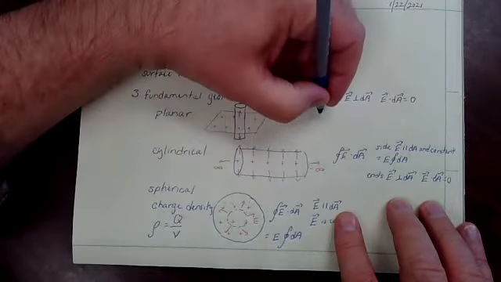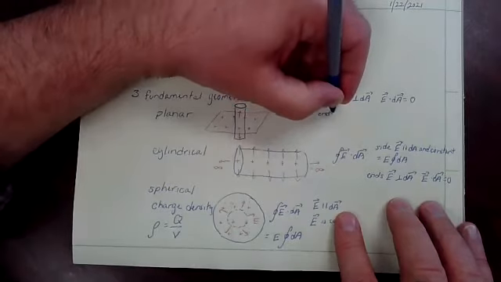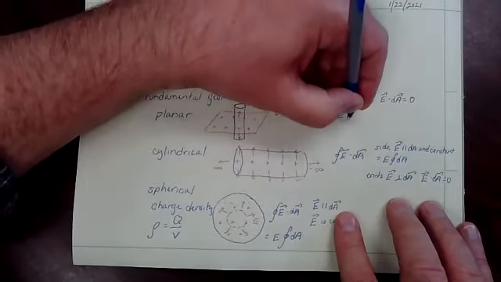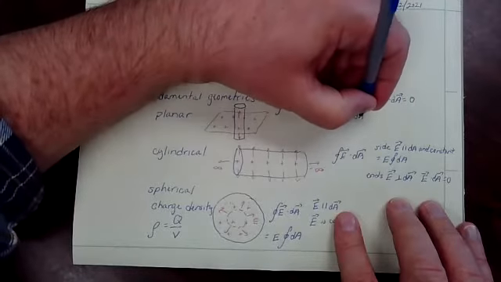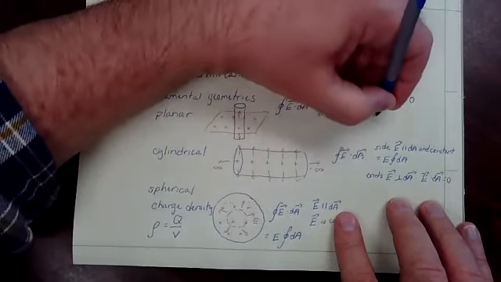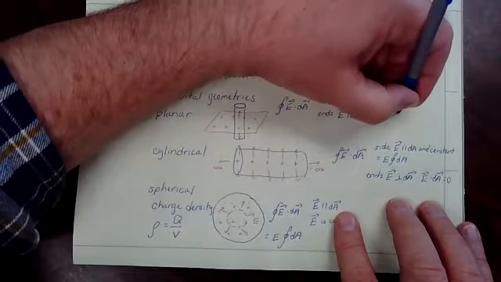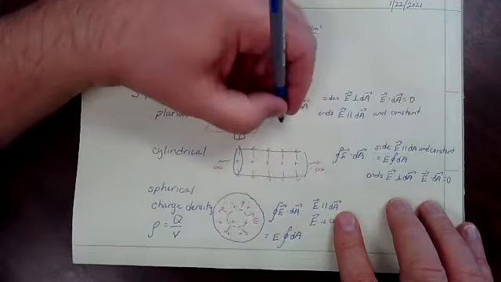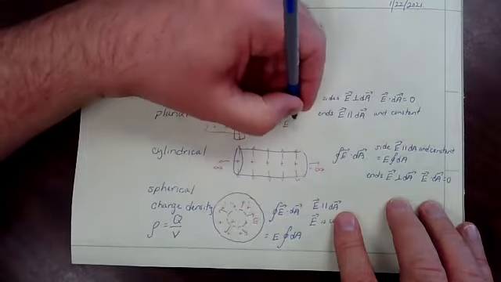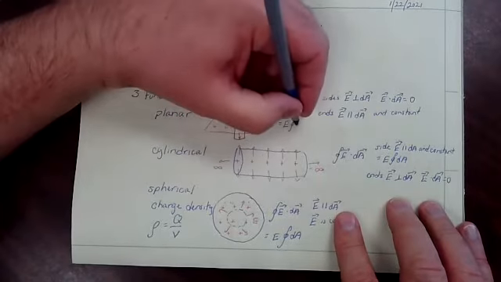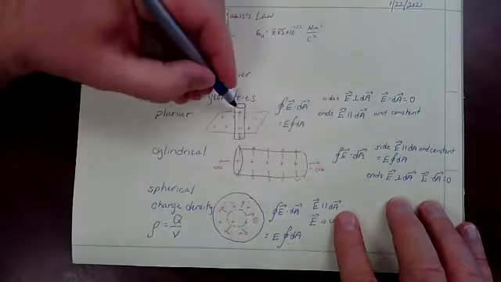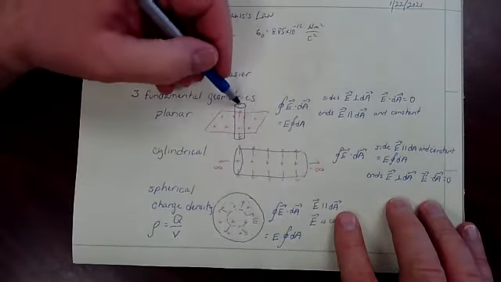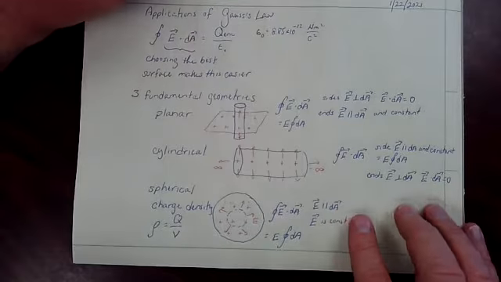And it's at the ends where E is parallel to dA and constant. So once again, E pops out, and then we're just integrating over that surface. The surface would be the ends, but we can also just call that A. It really could be almost anything.